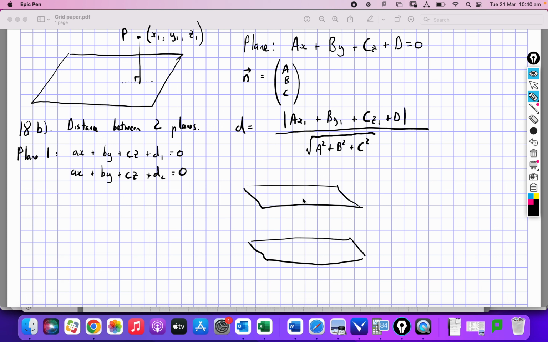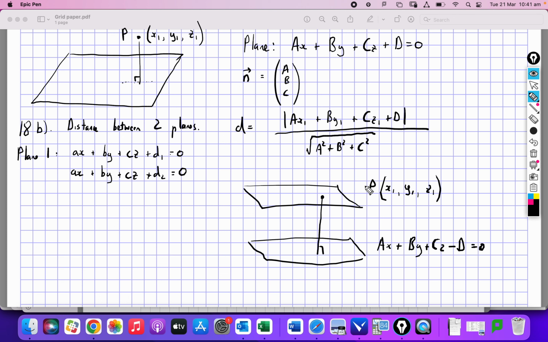Now, this is kind of interesting because you can choose a point anywhere on one of the planes, and then you need to get to the second plane. You'll need the equation of the second plane, right? The ax plus by plus cz minus d equals 0. And on here, you'll need some point, some x1, y1, z1, right?